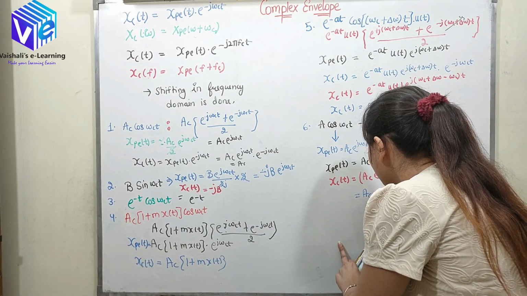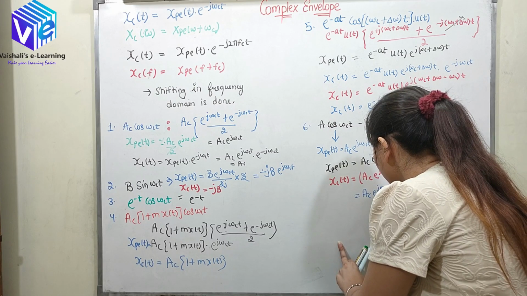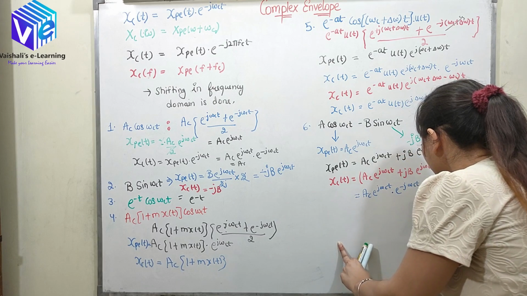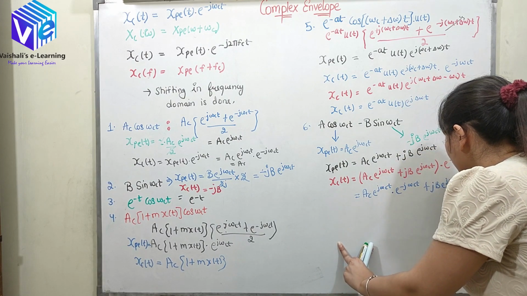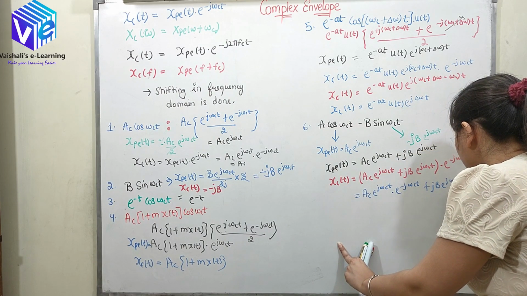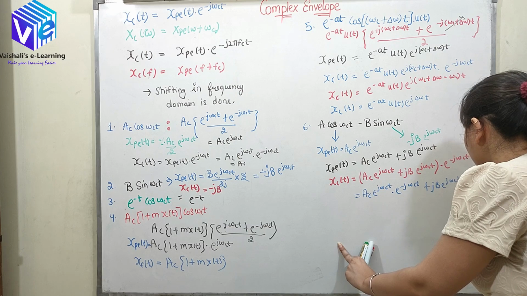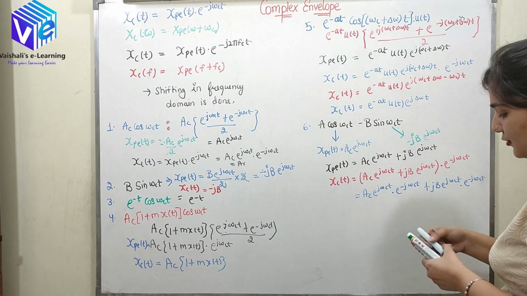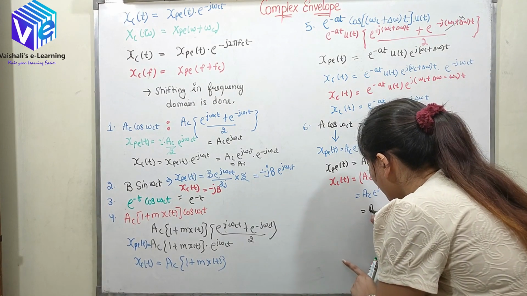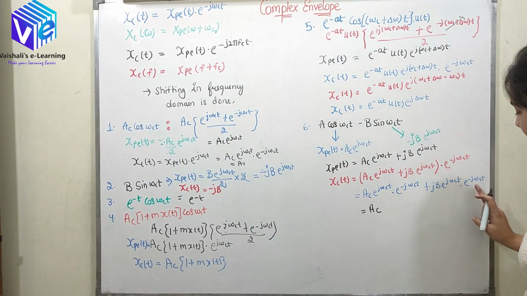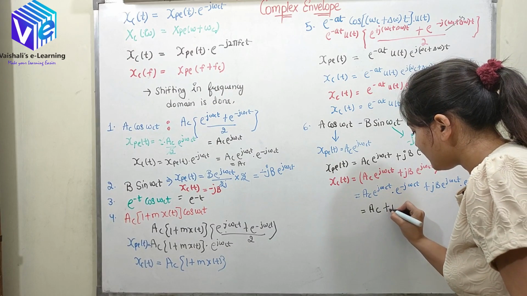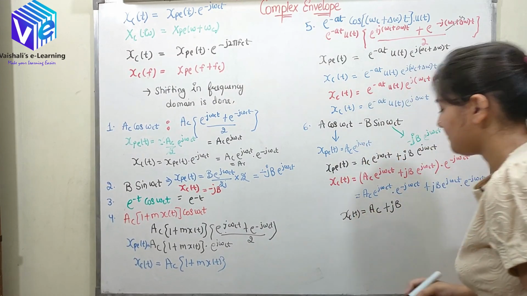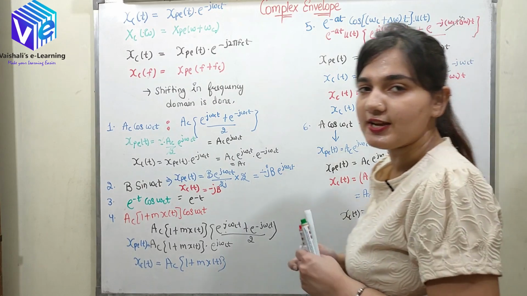So I can represent it as A_c e^{jω_c t} into e^{-jω_c t} plus jb e^{jω_c t} multiplied by e^{-jω_c t}. So this and this will get cancelled out. So here I will have A_c, again this and this will get cancelled out, so here I will have jb. So x_c(t) is given by A_c plus jb.